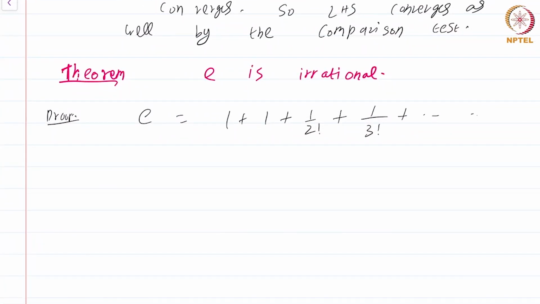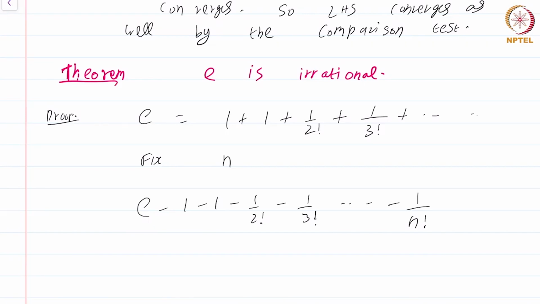We are going to fix n and take the first n terms to the left. That means we are going to consider e minus 1 minus 1 minus 1 by 2 factorial minus 1 by 3 factorial dot dot dot minus 1 by n factorial. Okay, we are considering the first n terms in the expansion of e and subtracting it from e.